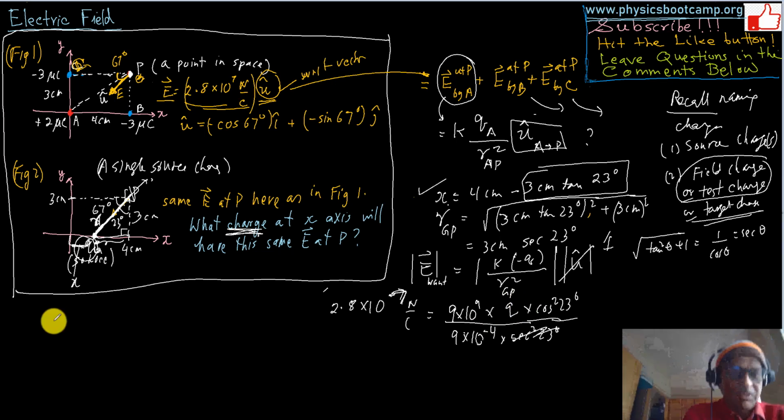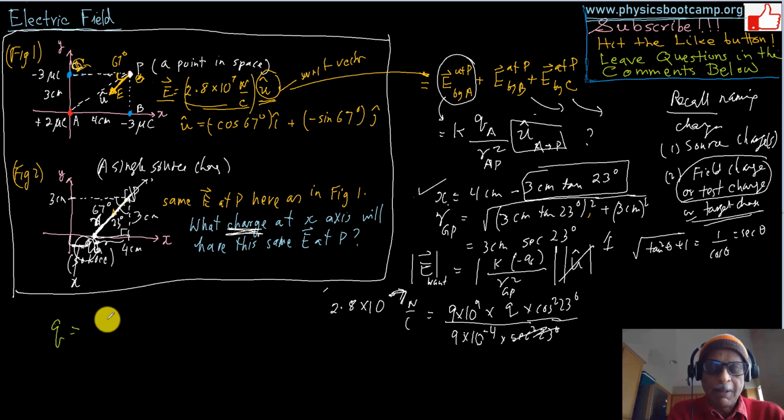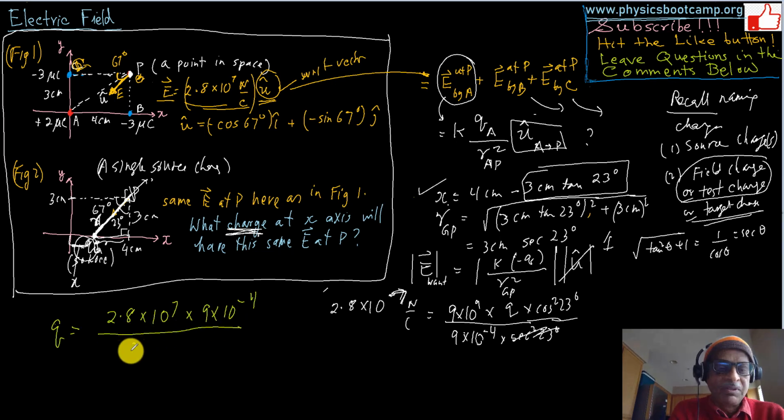Solving for q, we find q is equal to 2.8 times 10 to the power 7 times 9 times 10 to the power minus 4 over 9 times 10 to the power 9 times cosine square 23 degrees.